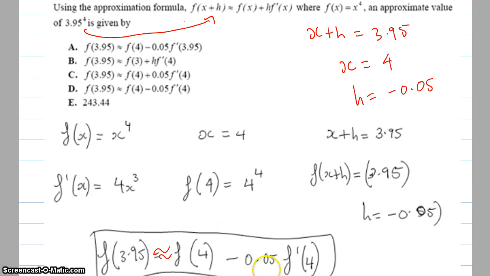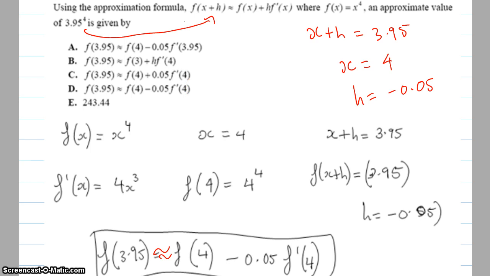So minus 0.05 times f dash of 4. This will get me an approximation to what the y value is when x is 3.95. So this is the previous y value minus h times the gradient at that particular point as well. So the answer to that question, if I have a look, would be D in this case. I could actually find out what the numerical answer to that was, but in this case I don't need to.